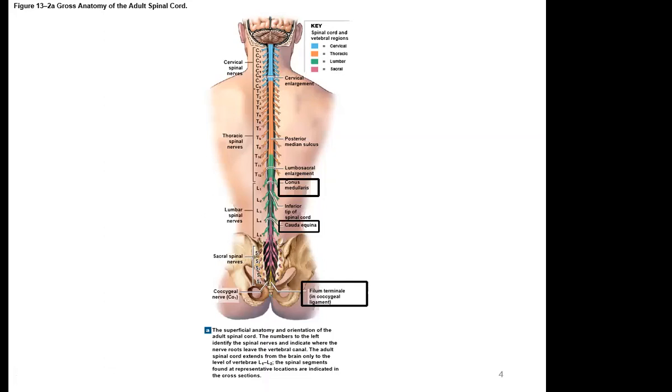So the baby, when it is born, is going to have different pieces to their sacrum. However, as an adult, we consider the sacrum just one bone. So when the baby is born, there are 5 pieces to the sacrum, but as an adult, it's counted as 1. So we technically have 1 sacral bone, but we have 5 sacral nerves.